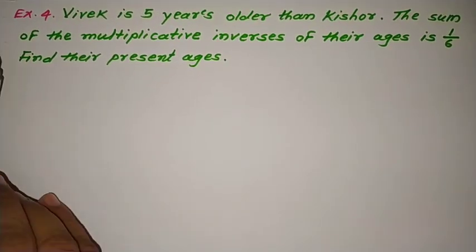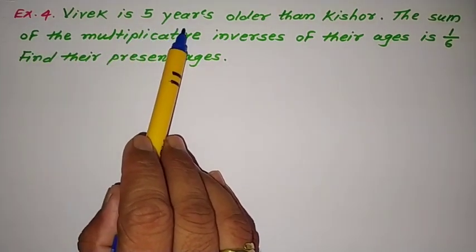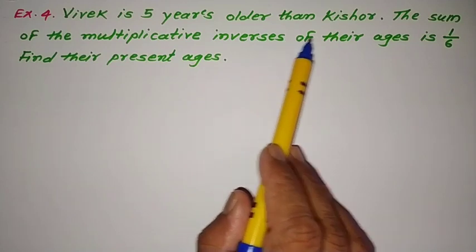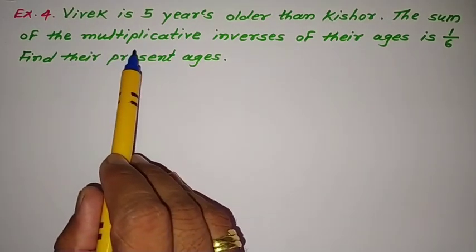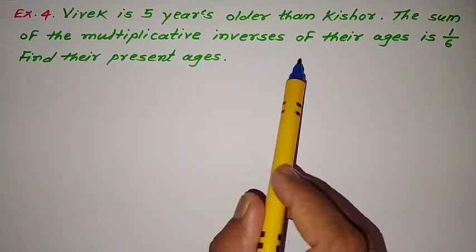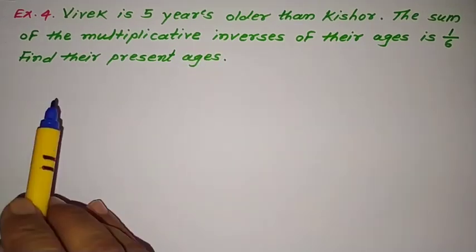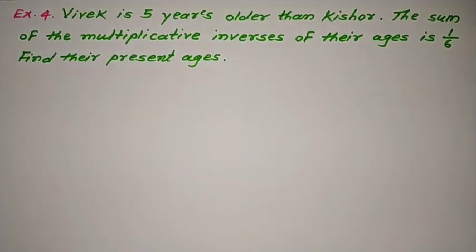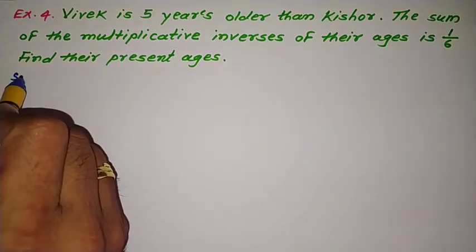Let's see example number 4. Vivek is 5 years older than Kishore. The sum of the multiplicative inverse of their ages is 1/6. Find their present ages.